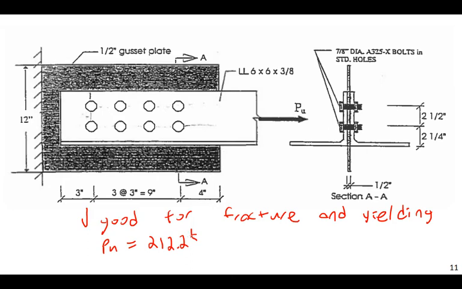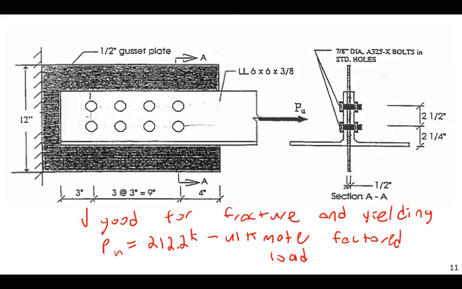So the P ultimate, not P nominal, the ultimate factored load. In the example problem, I gave us some dead load and live load, and we calculated that. The ultimate factored load is 212.2 kips in tension. So we have to prove essentially that our capacity in block shear is equal to or greater than 212.2 kips. Okay, so let's work through this.